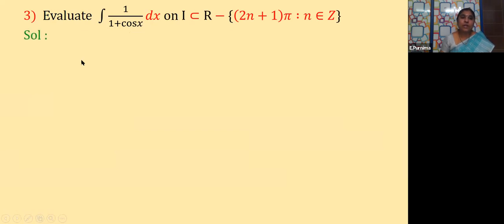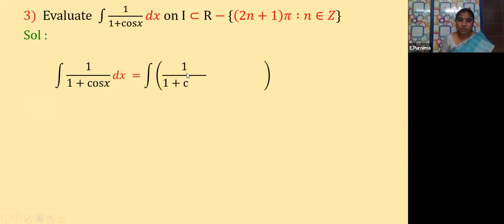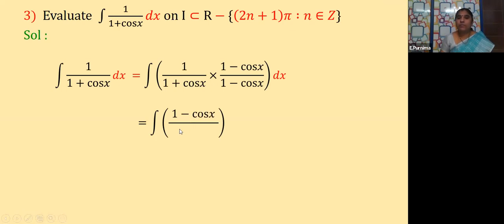It is solved in the same way as the previous sum. What is that, children? Multiplying and dividing with its conjugate. Integral 1 by 1 plus cos x dx is equal to integral 1 by 1 plus cos x into 1 minus cos x by 1 minus cos x dx. So it is 1 minus cos x by, here it is a plus b into a minus b, which is 1 minus cos square x.